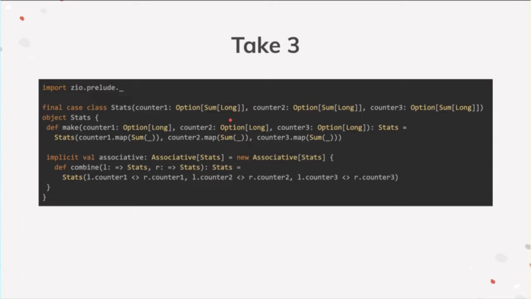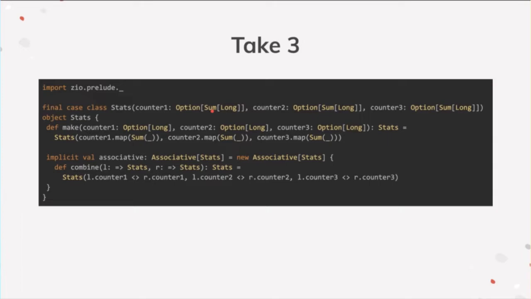And also if you look, I didn't need to implement any combine method for combining the nested maps. I can just call combine between these counters 1 and counters 2, and ZIO Prelude will already know how to combine them, because ZIO Prelude already has instances for map and already has instances for option.